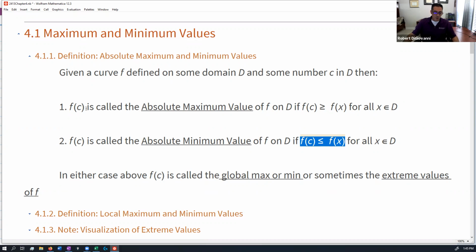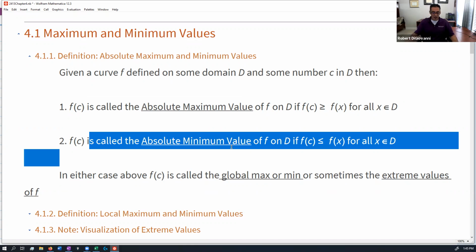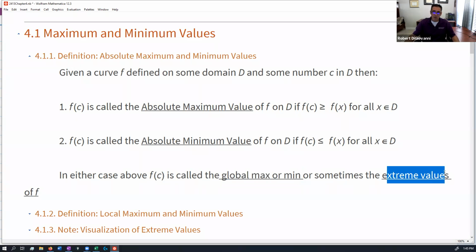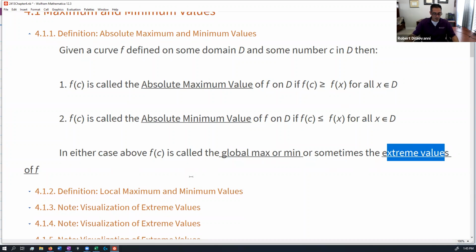In either case, whether you're looking at an absolute maximum or an absolute minimum, those are called the global max or mins, or sometimes called the extreme values of the function. I'm going to show you this visually, but we're just getting definitions out of the way.